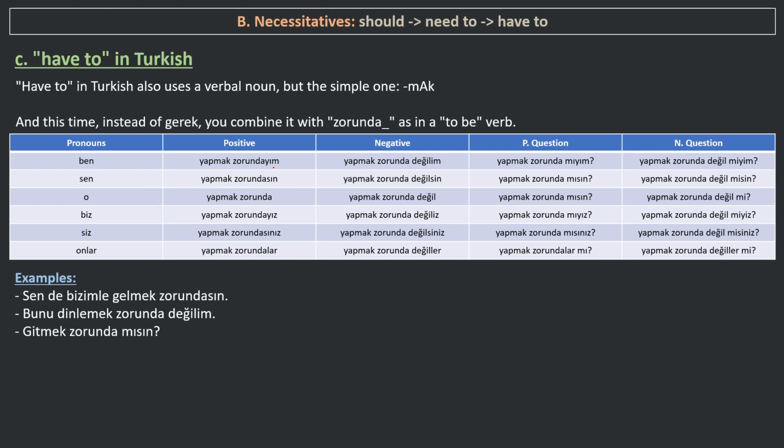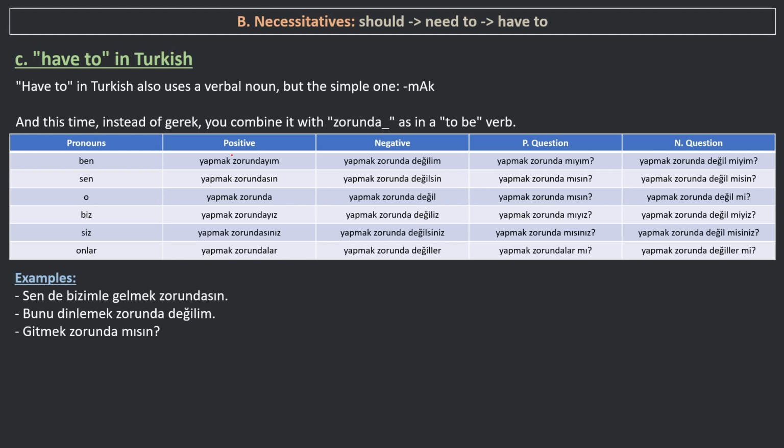So ben yapmak zorundayım. I have to do. If I break this down into literal technical suffixes, maybe I can say I am in the obligation of doing something, because you can also see this da here, and the etymology of zorunda is not clear.